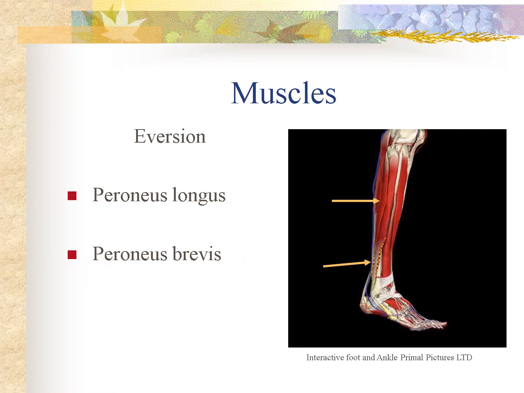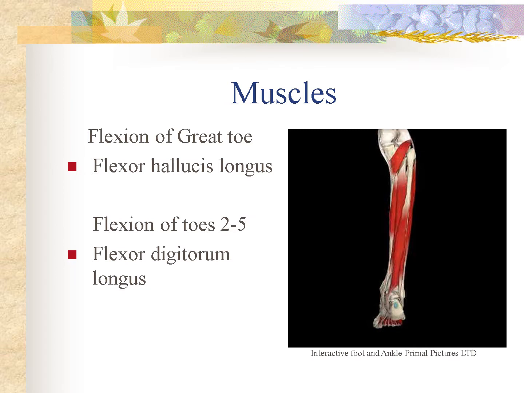Peroneus longus, peroneus brevis. For flexion of the great toe, just like we had pollicis for the thumb, we have hallucis for the big great toe, flexor hallucis longus. And for flexion of the second, third, fourth, and fifth toes, we have the flexor digitorum longus. We don't have nearly as many muscles here because we don't have a lot of dexterity in our toes.